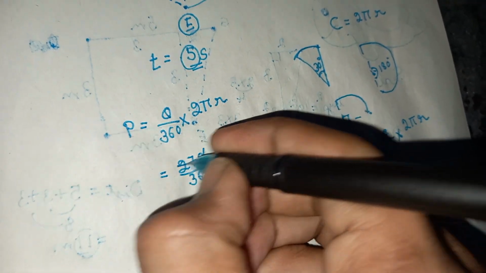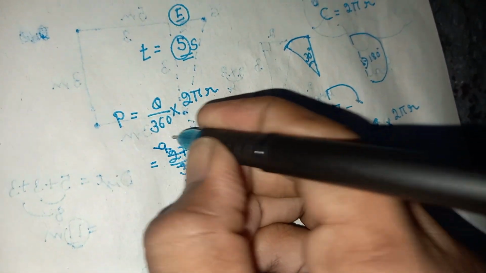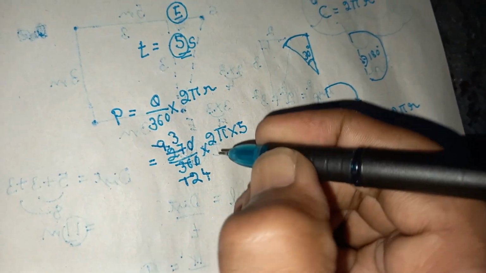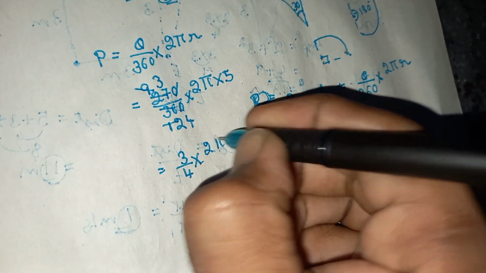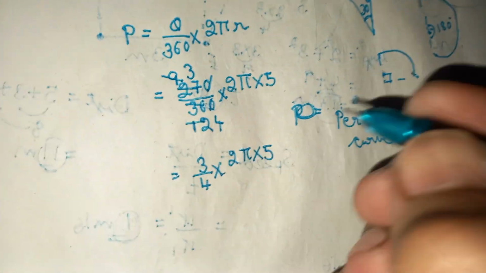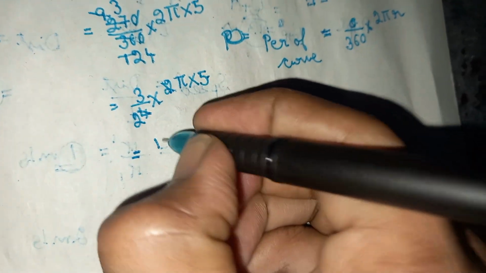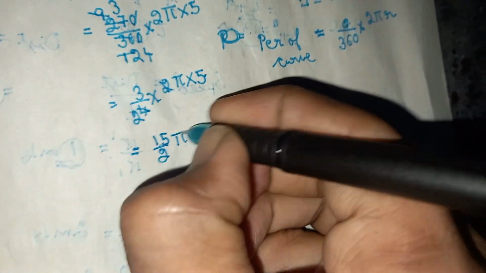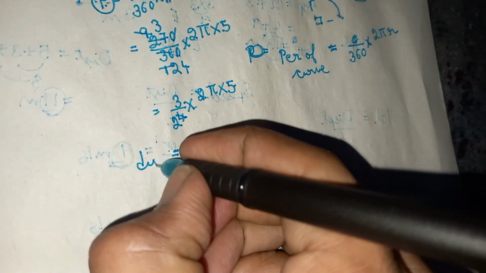The zeros cancel. 9 divided by 3 is 3, 36 divided by 9 is 4. We get 3 by 4 times 2 pi times 5, and 2 divided by 2 is 1. You get 3 times 5, which is 15 by 2 pi meters. The perimeter I calculated is nothing but the total distance.